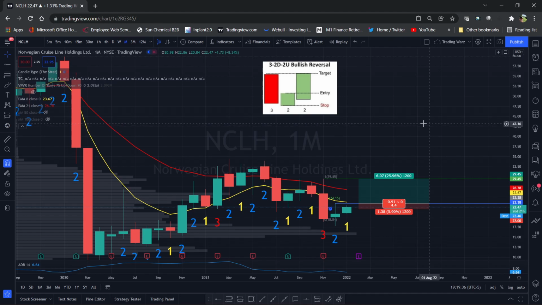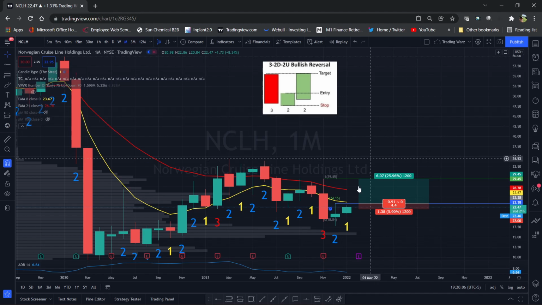I've got a scan set up that searches for some high probability 3-2-2 plays. So one of the first ones was Norwegian Cruise Line, NCLH. I didn't post this in the Strat room, but it is one that I am watching.